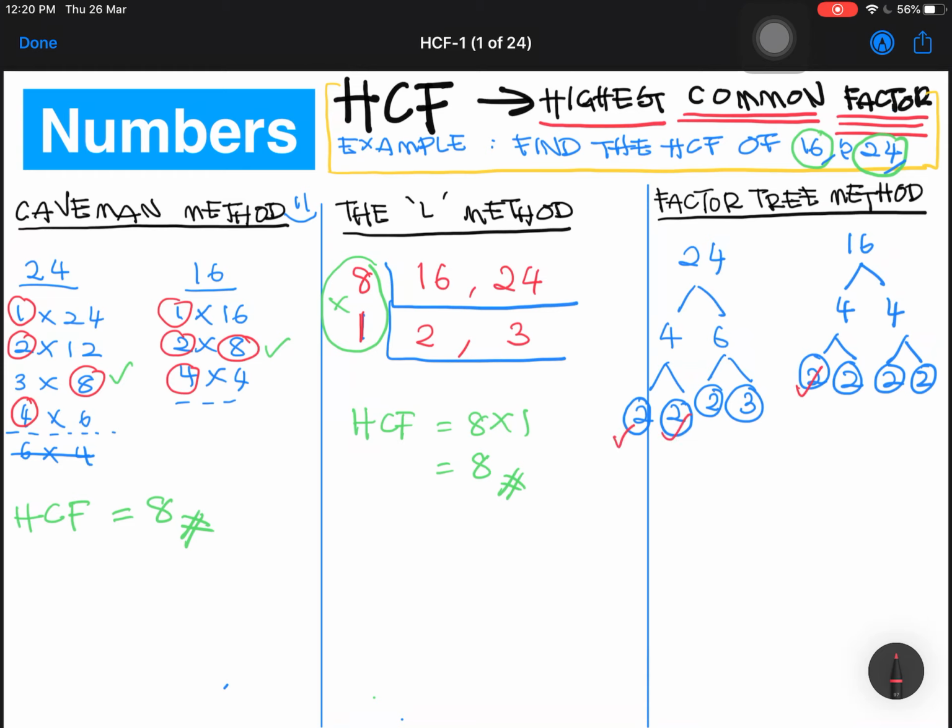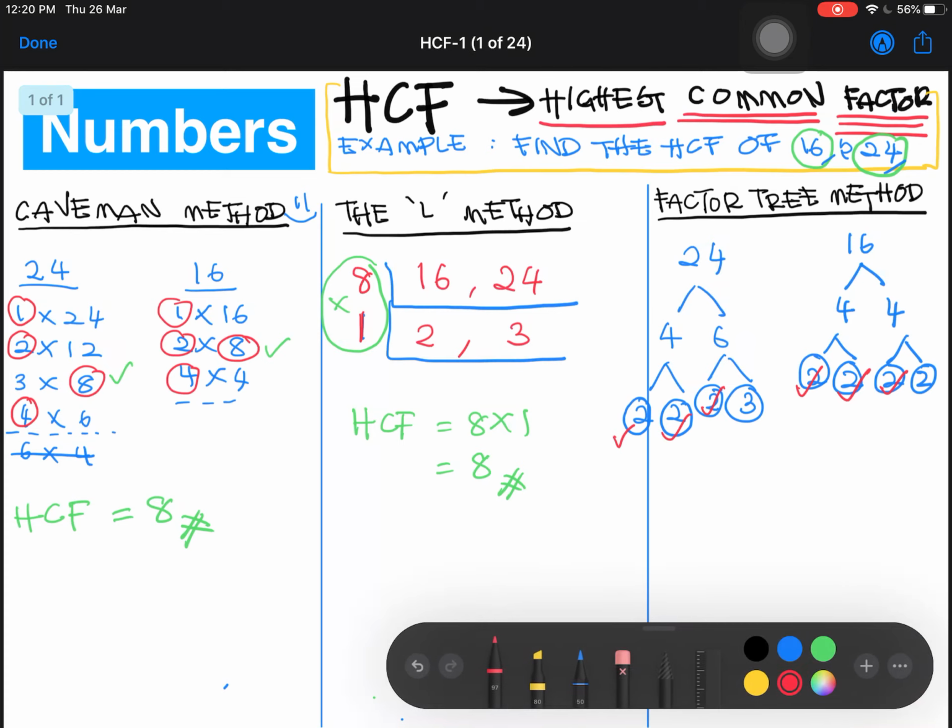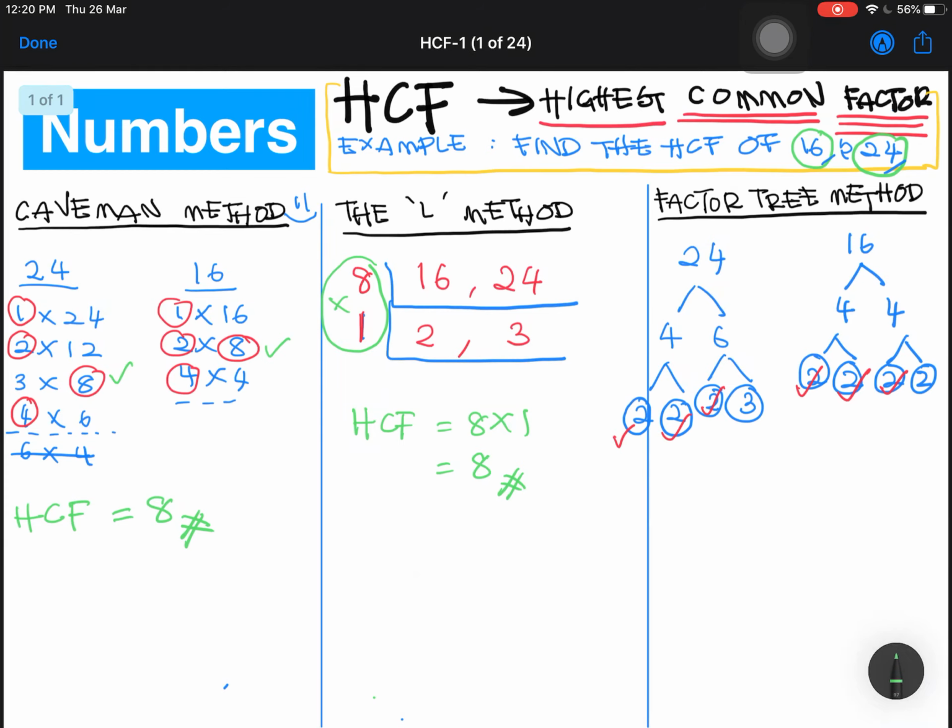So we have 2, another pair of 2, and then another pair of 2. The HCF according to the factor tree method is to multiply the numbers that are similar and can be found in both 24 and 16.